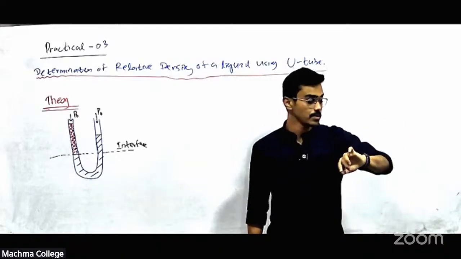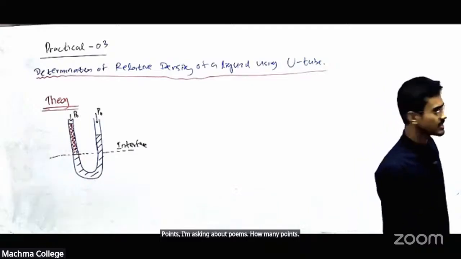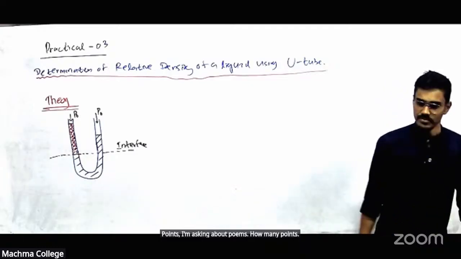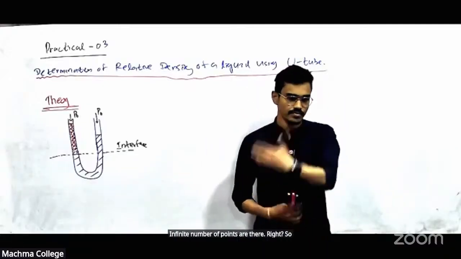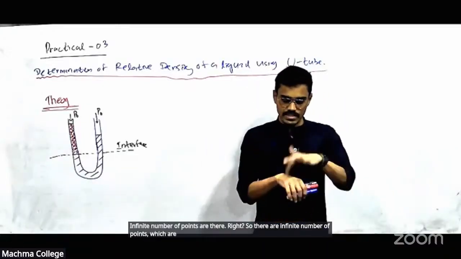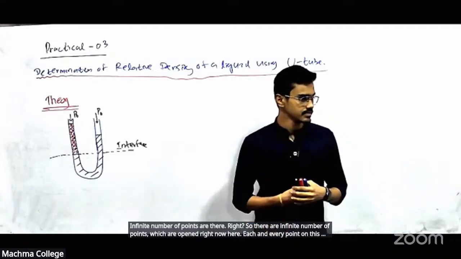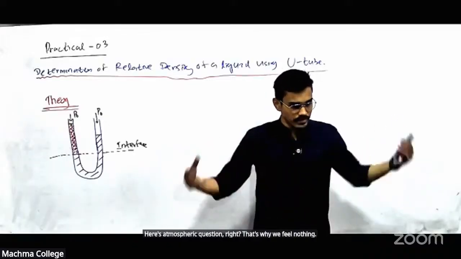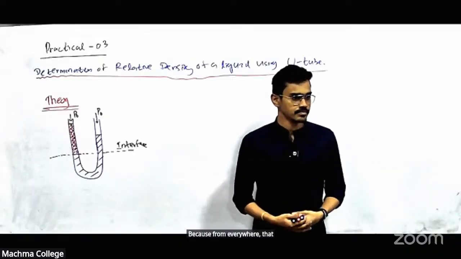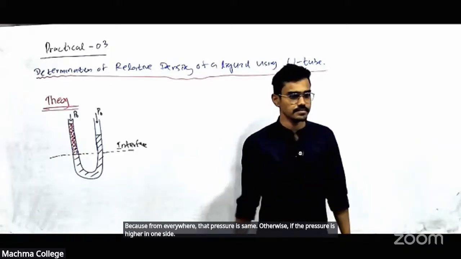Infinite number of points are there. Each and every point on this body feels atmospheric pressure. That's why we feel nothing, because from everywhere that pressure is same. Otherwise, if the pressure is higher in one side, you will feel a pain there.